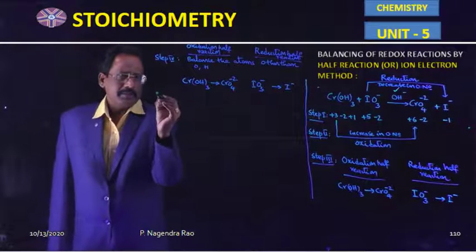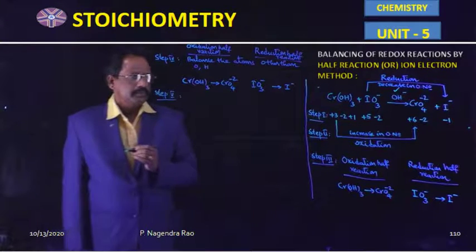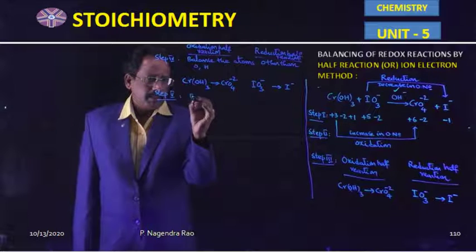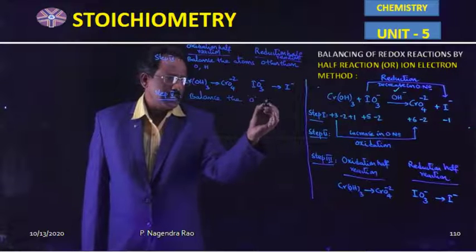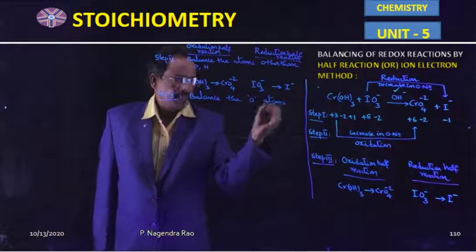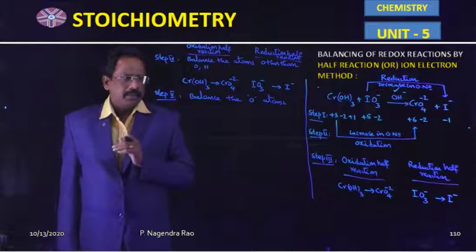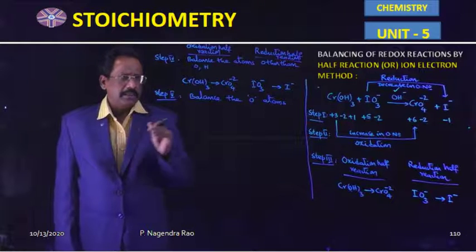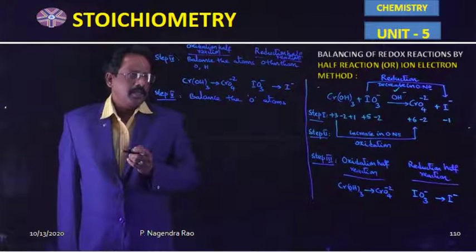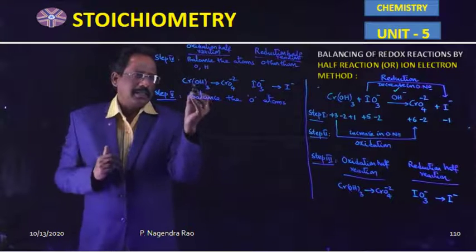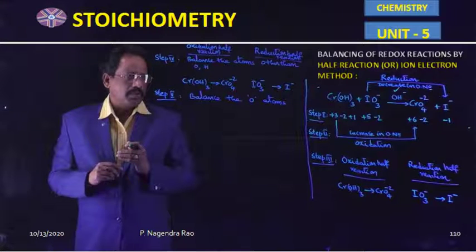Now, next step is balance the oxygen atoms. Balance the oxygen atoms by adding the required number of OH⁻ ions in the deficient side. In this oxidation half reaction, in the reactant side, oxygen number is 3. In the product side, oxygen number is 4.